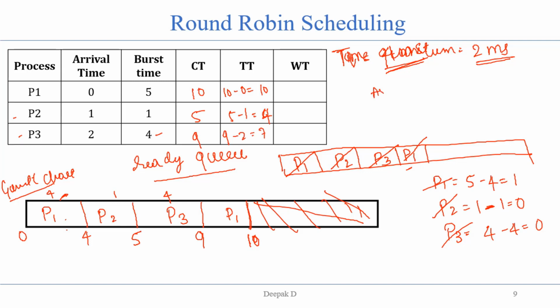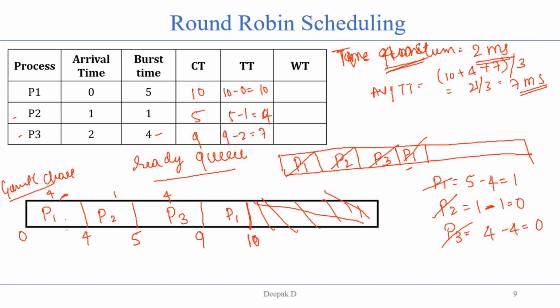So the average turnaround time would be 10 plus 4 plus 7 divided by 3, that is 21 divided by 3, which is 7 milliseconds. This is your average turnaround time.